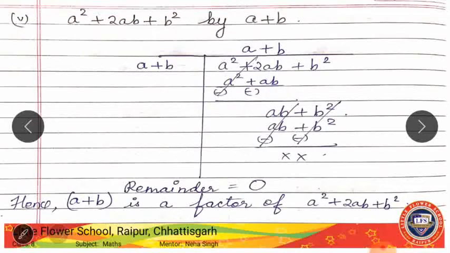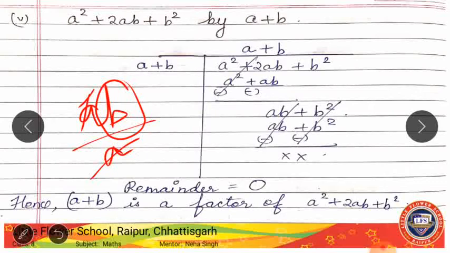See what we have to do. ab divided by a, and a will get cancelled. We are left with b, right? So now b will be the next term of the quotient. Now b will multiply with a plus b. So it will be a plus b into b, ab plus b square.